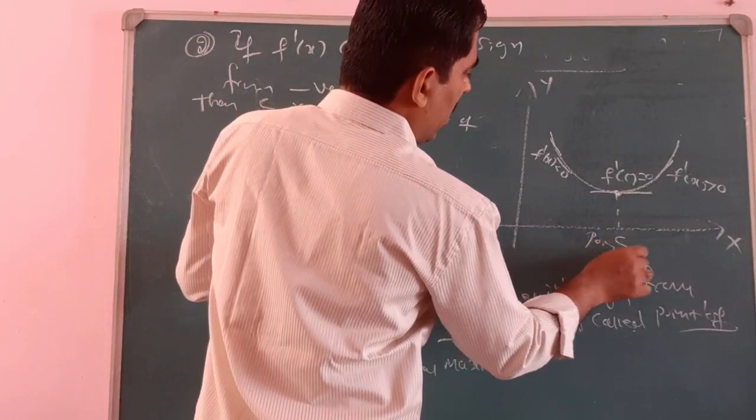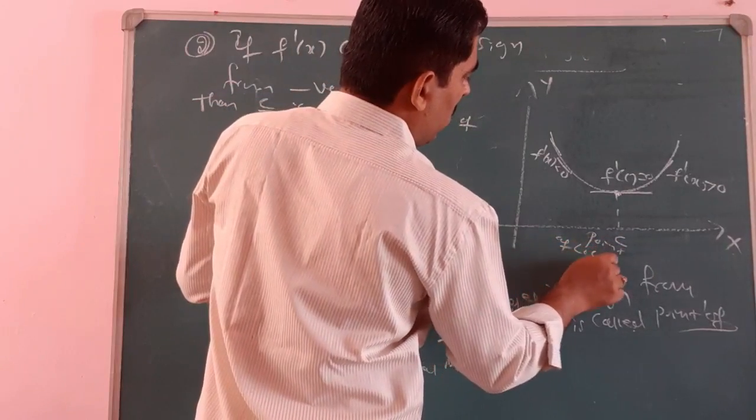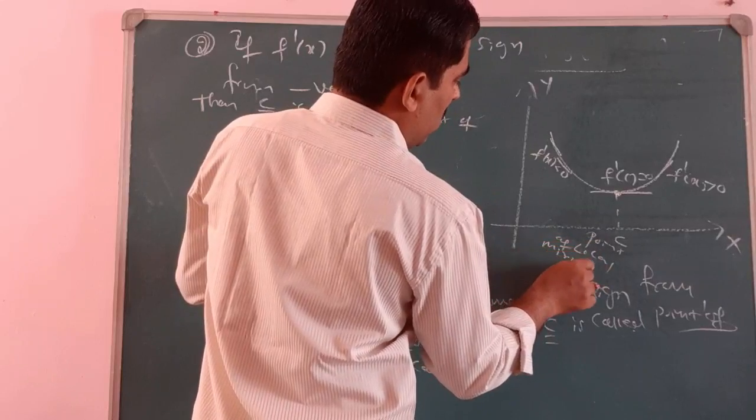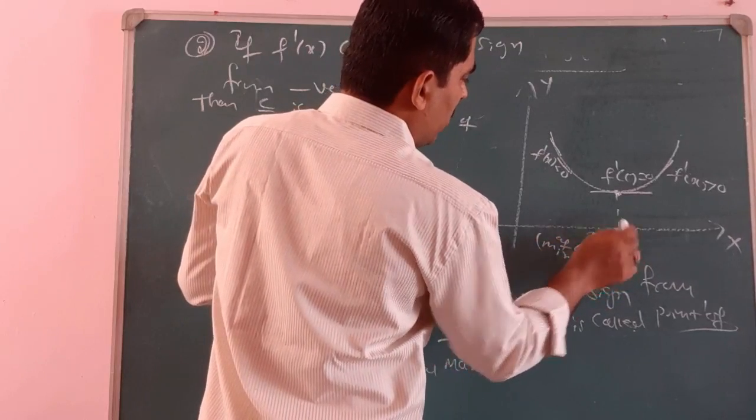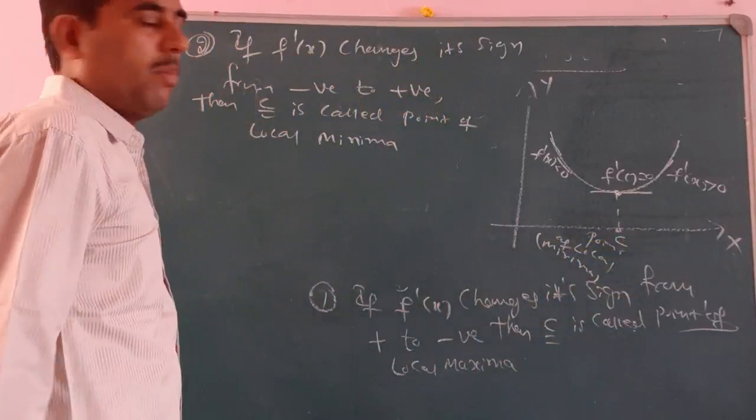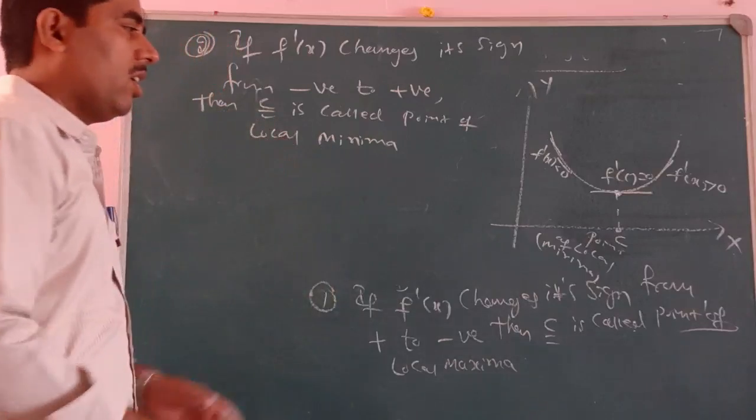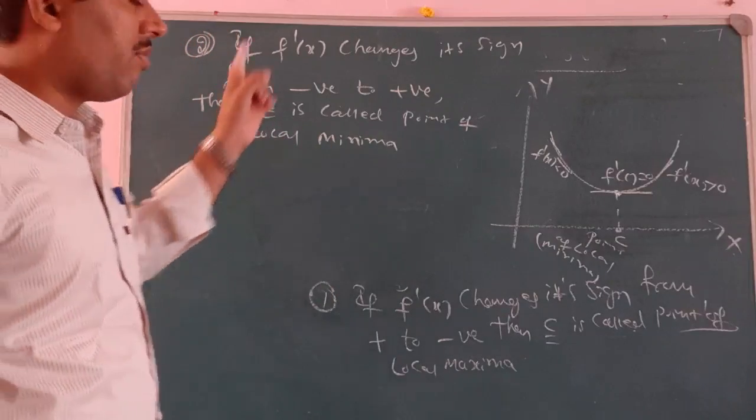You can write it in the graph here. This point I am talking about is the point of local minima. So that is the second important observation in the first derivative test.